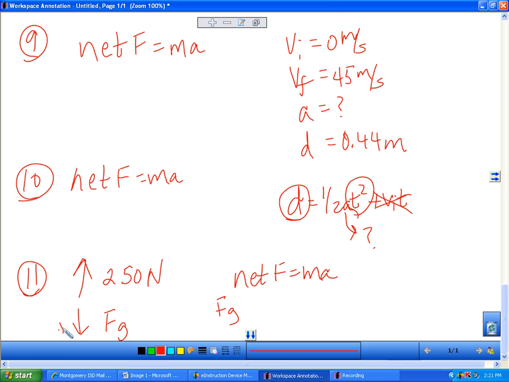I'm going to let that be positive, and up will be negative. Force of gravity minus 250 is equal to M, which is your 45 kilogram mass, times A, and your A is what you're looking for. Don't forget that the force of gravity is just mass times gravity. Okay, I think you're in good shape.